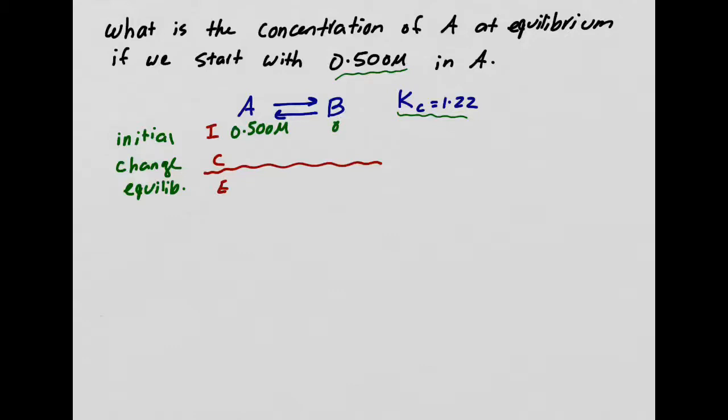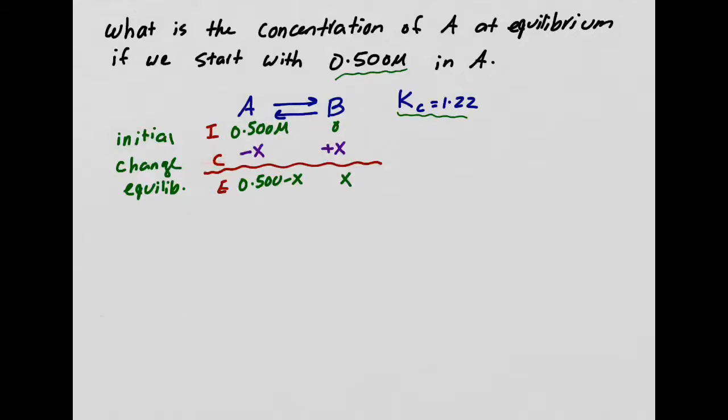Now what's the change? The change is going to be A is going to go away over time, and I'm going to form B. Minus X because A is going to go away over time, and I'm going to form B. So far so good, which means at equilibrium it would be 0.500 minus X, and then X. Okay, so I start with A. I don't have any B at the beginning.